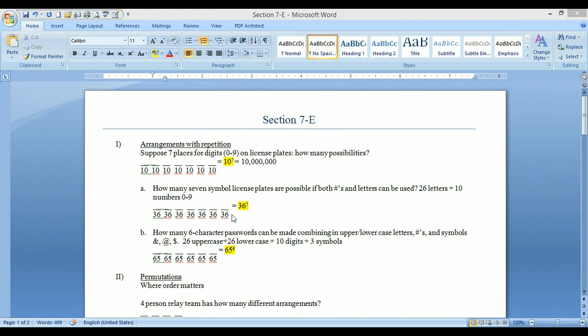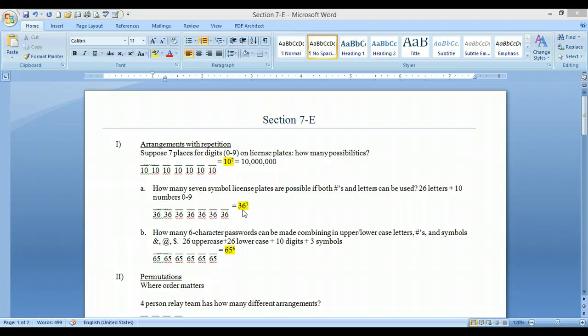If you're using your pen and paper, just draw out 7 lines to show that each is a space representing one of those on my license plate. And then I have 36 possibilities for every single one of these because I can repeat. Then I get 36 times 36 times 36 all the way up to 7 times, which is 36 to the 7th.